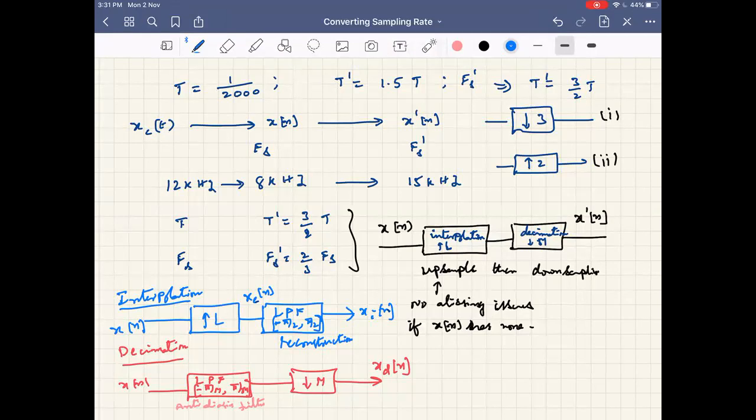Interpolation always helps us to increase the sampling frequency and also doesn't affect the Nyquist rate, and hence it comes as the first block. After that, with proper filtering, you have the provision for decimation or downsampling.